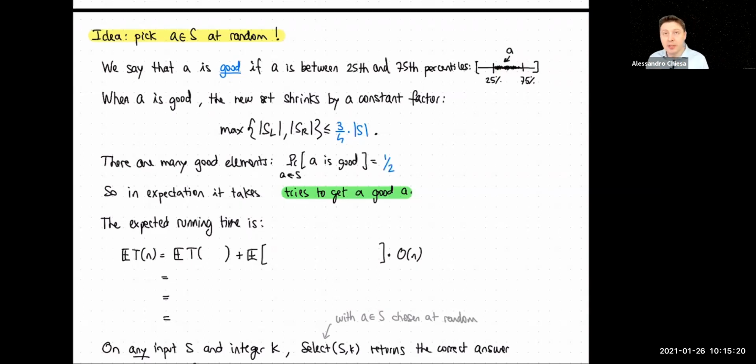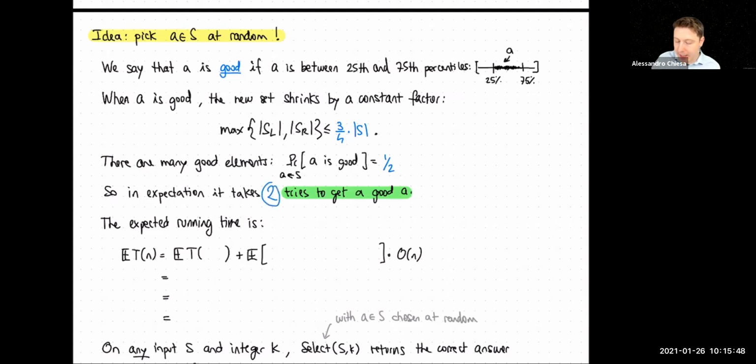Also notice that if I have an A, I can check whether it is good or not. I pick A at random, and then I wonder whether A is good. Well, I can just go and check that. That's a linear number of comparisons. So in expectation, how many tries does it take me to get a good A? 2, right?